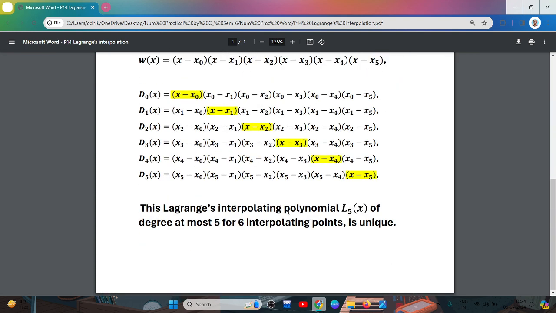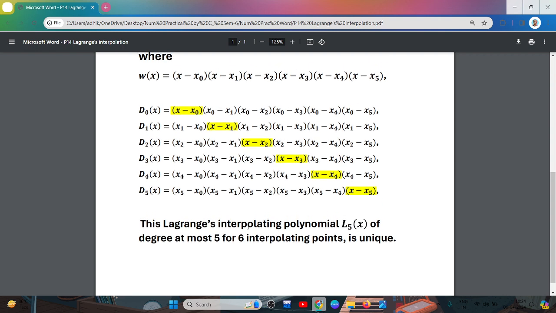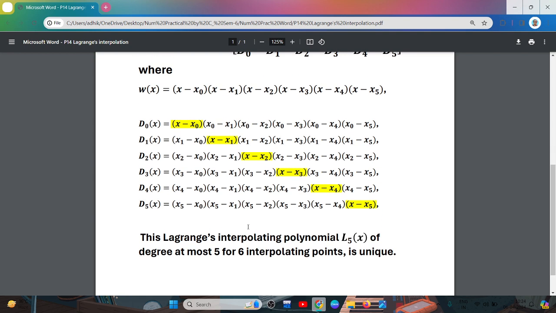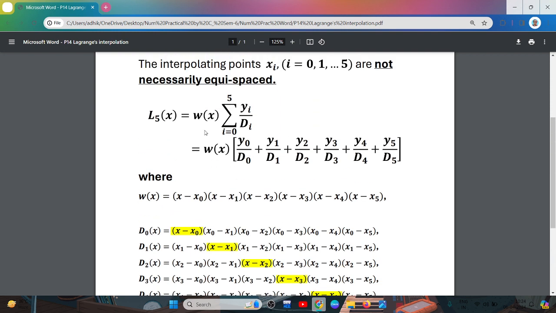This Lagrange interpolation polynomial L5 is of degree at most 5 for 6 interpolating points, and it is unique. It is w(x) times the summation of yi by di, i equal to 0 to 5.